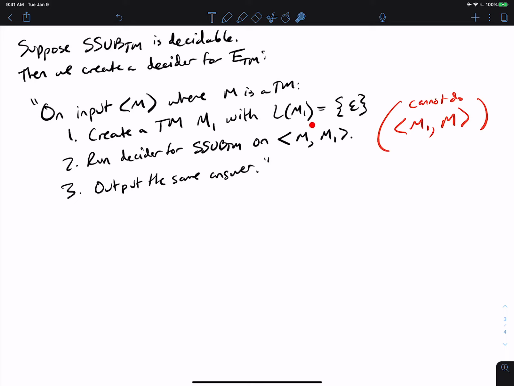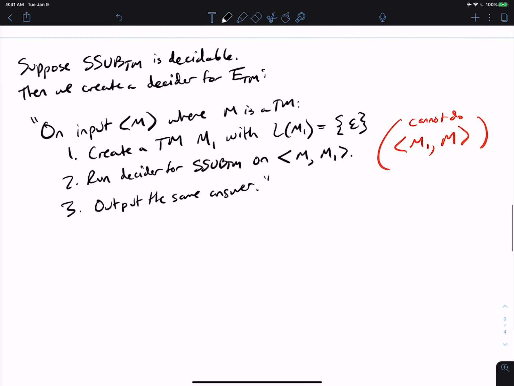Well, this implies that M's language is empty, which is the answer that we wanted anyway for the emptiness question. If it's not a strict subset, then M's language is not empty, which means we're going to output no, which is what we want in the first case. So this implies, of course, that since ETM is undecidable, SSUBTM is undecidable too.